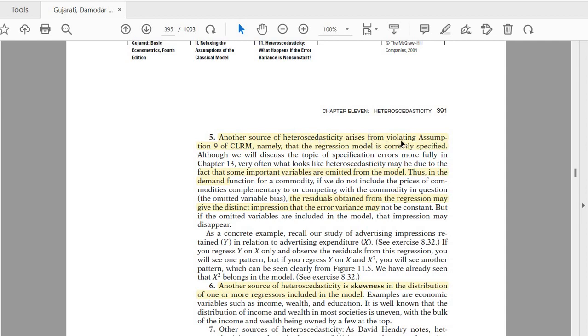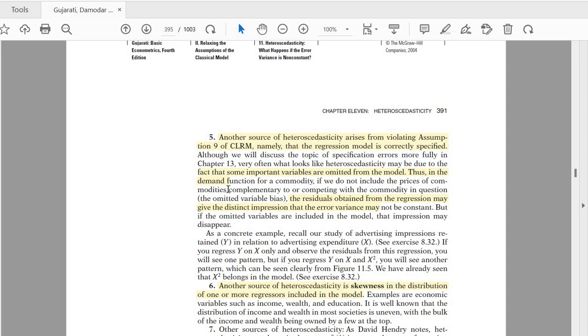The second kind of misspecification could be that you need to incorporate some of the important variables, but you have not incorporated them. Let's focus on the second one, which is more important. If you had to incorporate some of the variables and you deleted them, or you mistakenly have not incorporated them. For example, if you're working with demand analysis and a demand equation, you said the quantity demanded is a function of price, income, price of the substitute, price of the complement, and that's it.